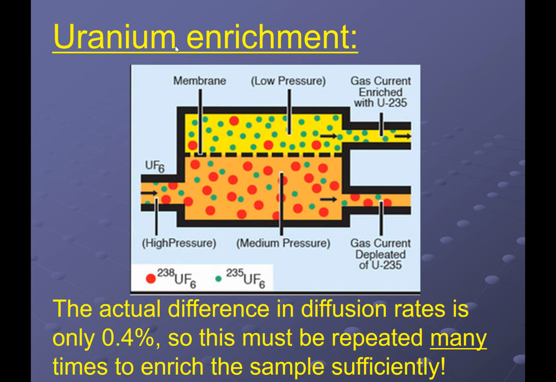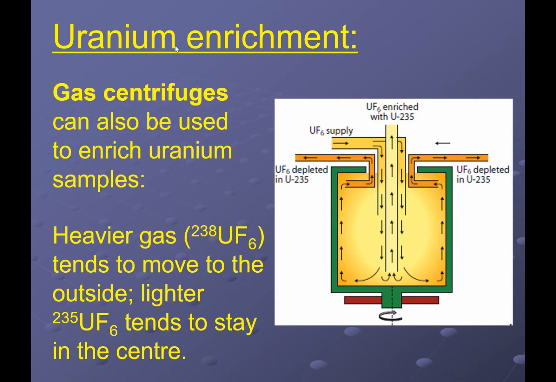Second way we can do it here, again, leveraging a physical property, is because they are different in terms of masses here, we can run it through a centrifuge. Now, there's many different designs of centrifuges, but essentially they all work the same way. By doing this sort of spinning at really high speeds, what's going to end up happening is the heavier particles end up going to the outsides, whereas the lighter particles end up having a smaller radius.